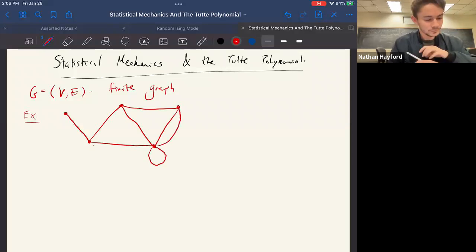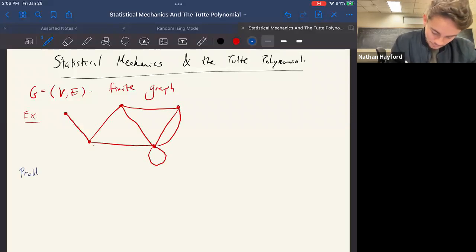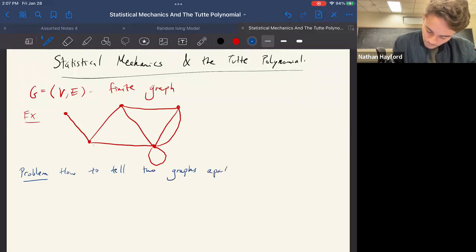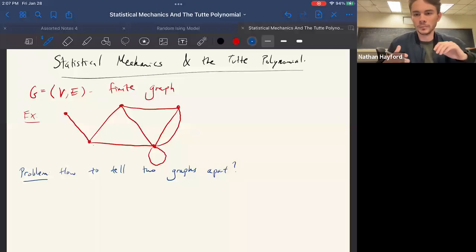Very nice. So a generic problem in graph theory is how to tell two graphs apart. And this is apart up to isomorphism of graphs.